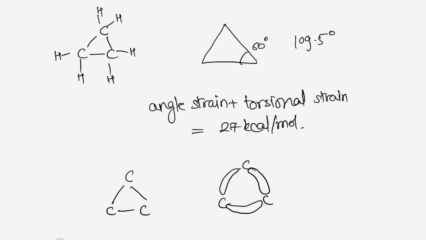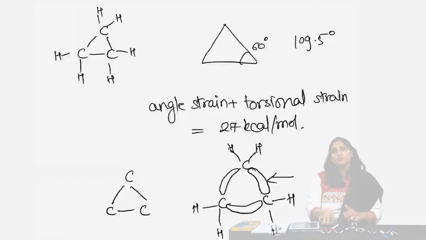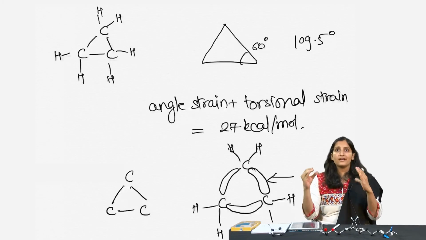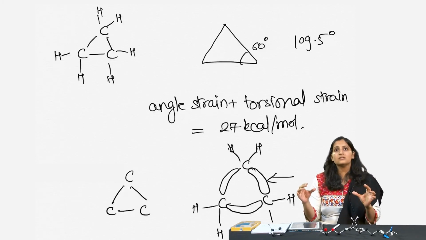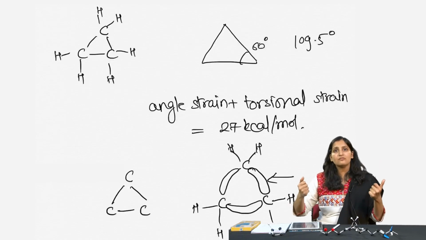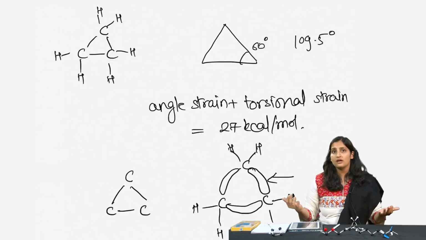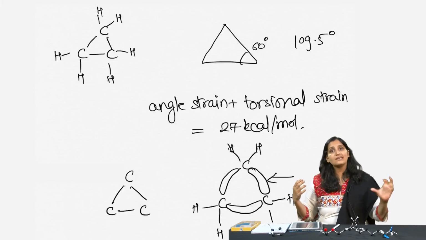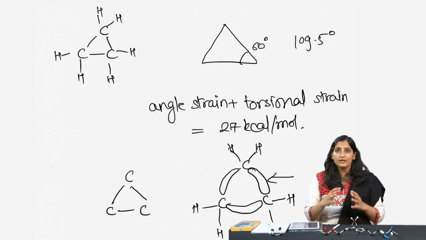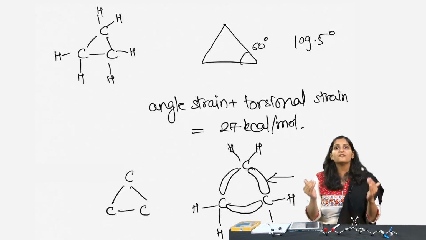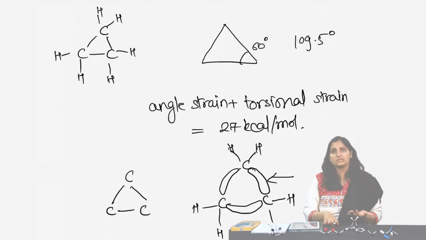In fact, these banana bonds are such that there is more electron density in the CH bond rather than the CC bonds. So, you will observe that the curved bond actually has a lesser electron density along the line, and what happens is carbon tries to have more S character in the CH bond and lesser S character in the CC bond in order to achieve this curved bond to relieve the angle strain.